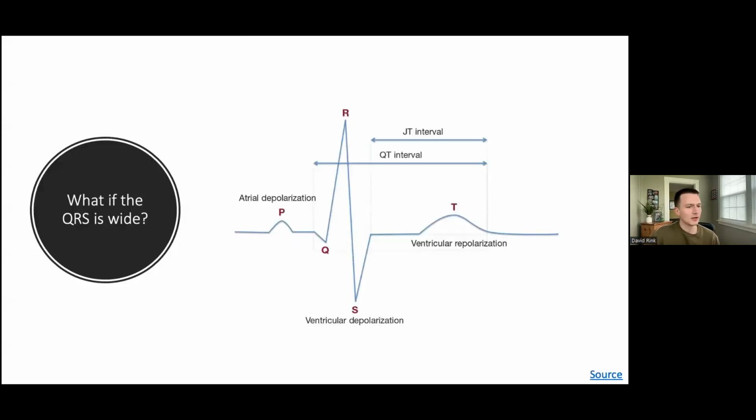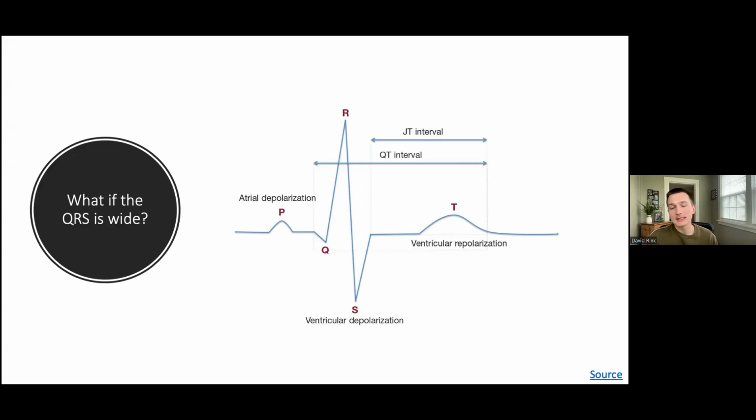But we'll talk about a couple of scenarios that can be challenging. So the first is the setting of the wide QRS. And by definition, a wide QRS is going to lead to an increase in your QT interval, though this is not thought to be clinically significant in terms of increasing the risk for adverse clinical outcomes associated with a prolonged QT interval in particular.